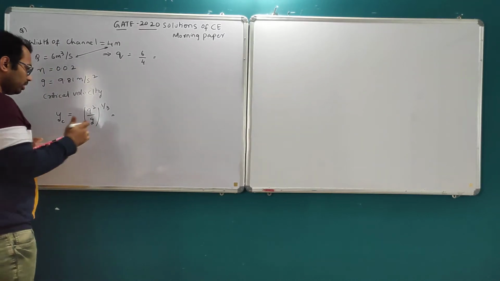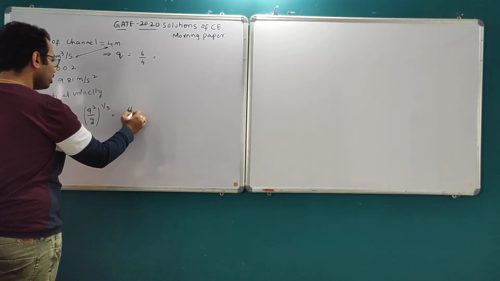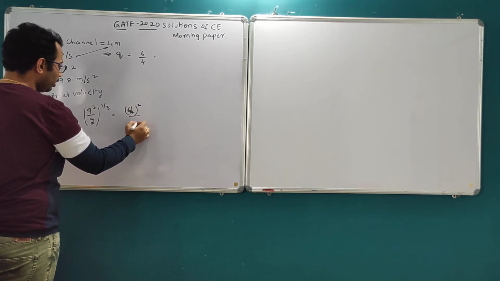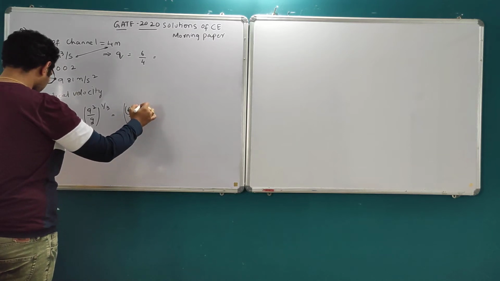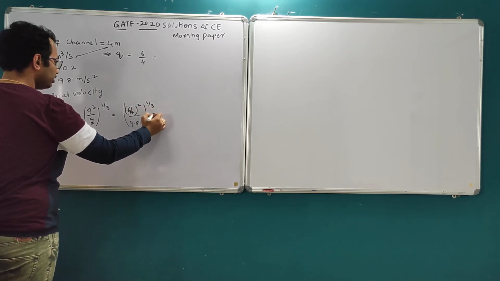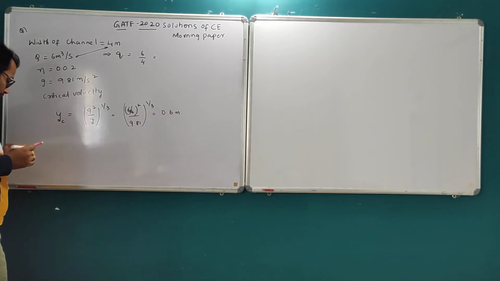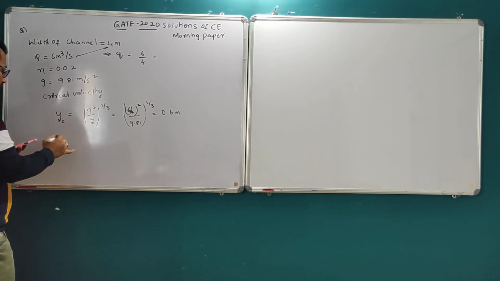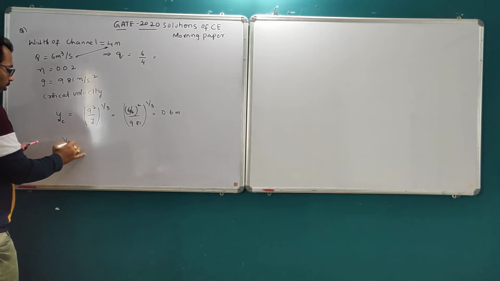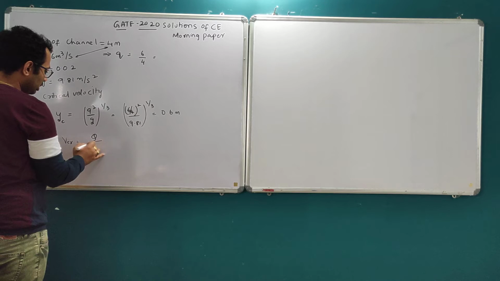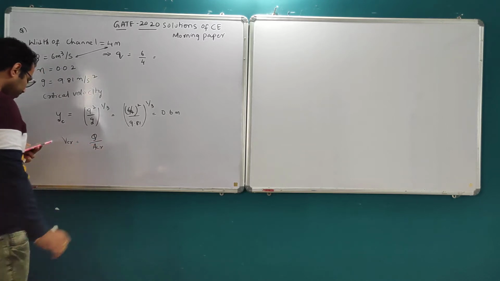So the critical depth is coming around (6 by 4 whole square by 9.81) whole to the power of 1 by 3. It is coming approximately 0.6 meters. We know that critical velocity is nothing but discharge by critical area.